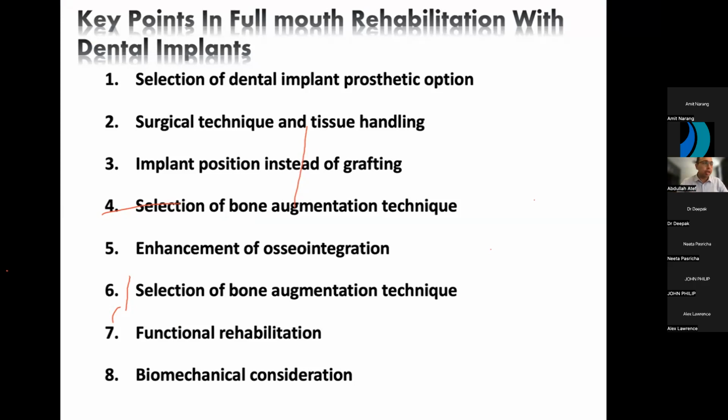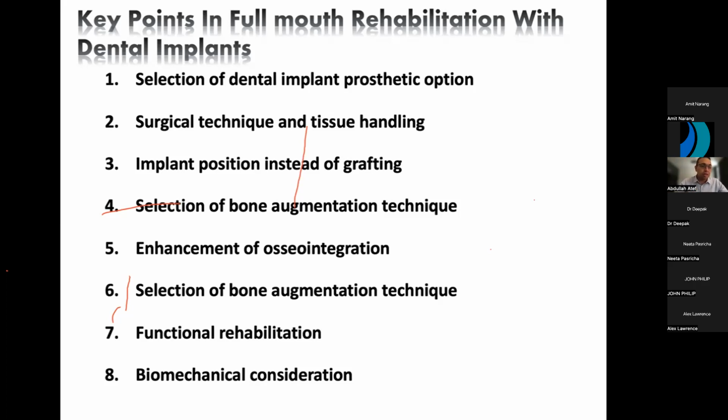I can do it autogenous, I can make a graft from another area, but always we use the simplest way, the easiest way for healing, the simplest way on the patient, because the implant patient is different. Implant patients come to us to get teeth, not to be subjected to big surgical operations.